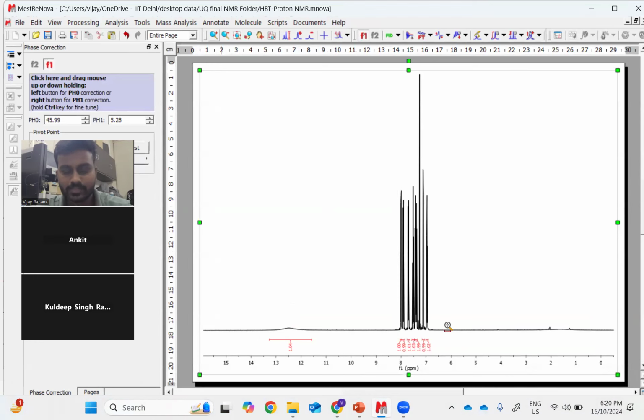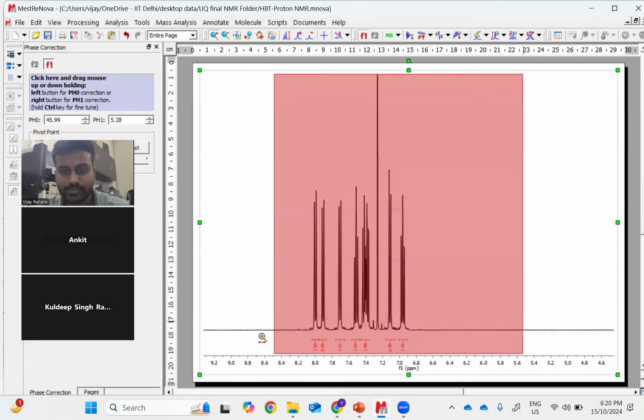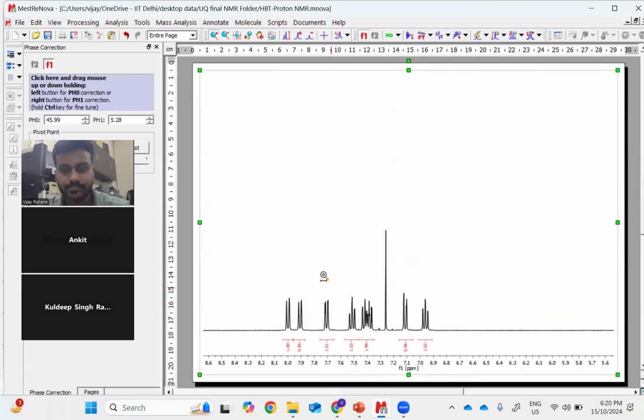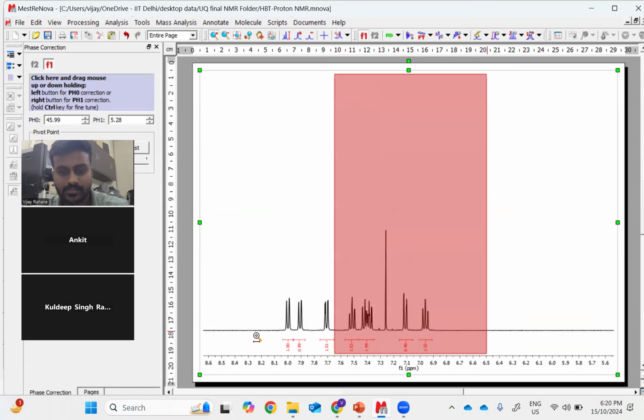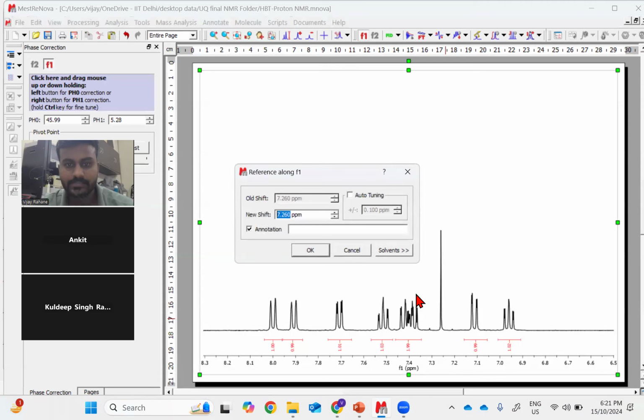If you zoom into this NMR data, you see there is no TMS used in the CDCl3. So when we initially take the NMR, we calibrate the spectrum with respect to the peak due to the solvent. This spectrum is taken in CDCl3, so we can select this peak and calibrate it with respect to the CHCl3.